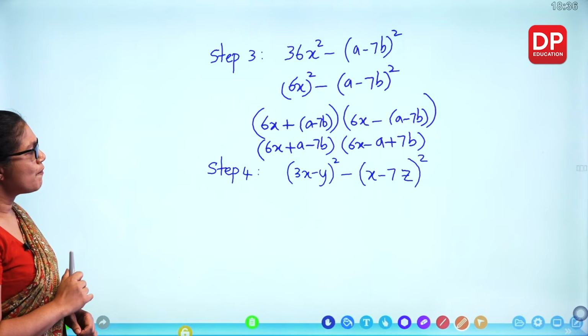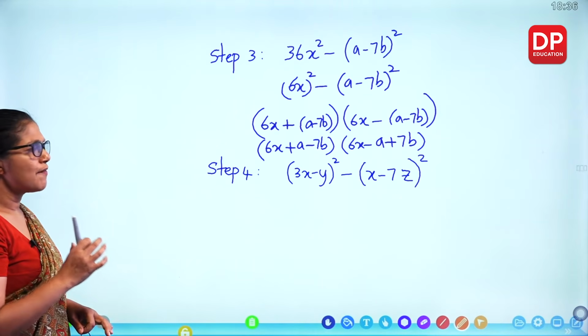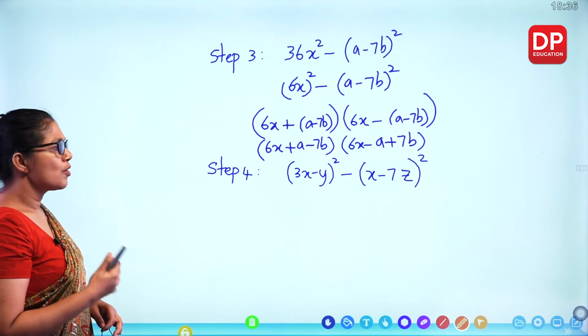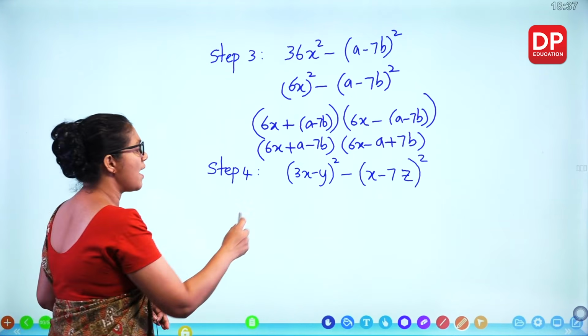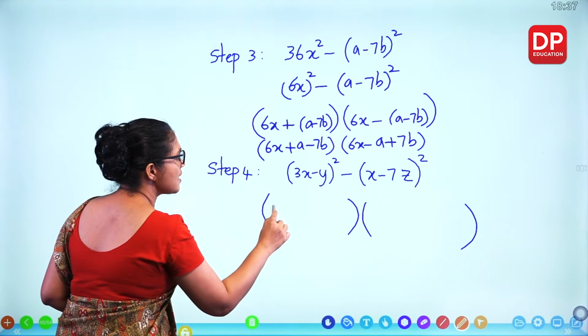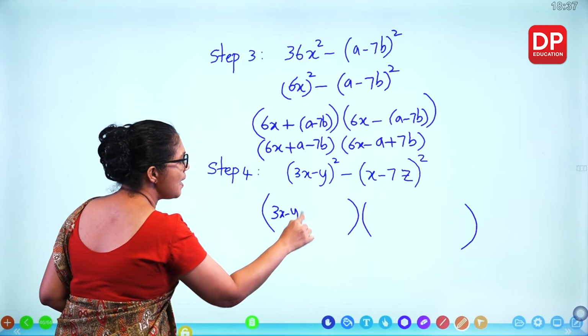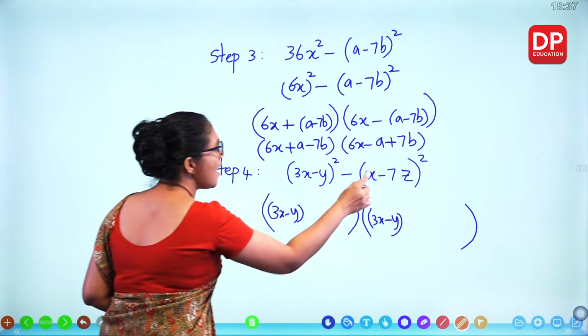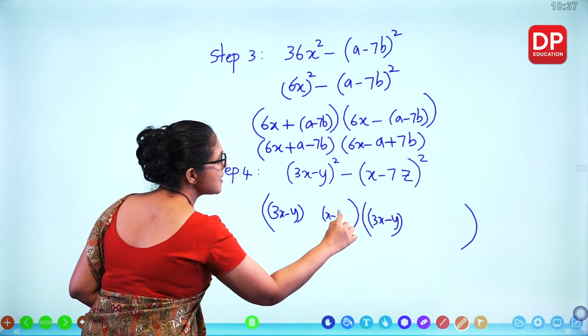Now look at step 4. Now two expressions with square terms are already given. So here straight away you can write down the factors. First term is 3x minus y. Make sure that you put brackets. Last term is x minus 7z.